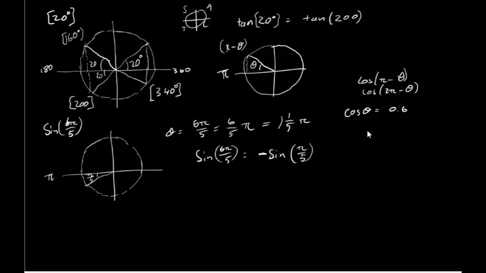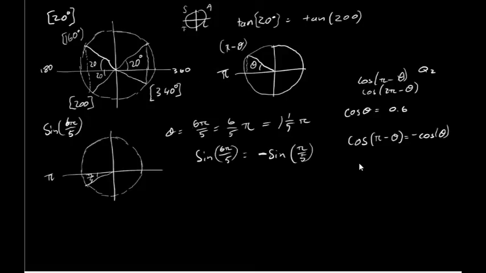So pi take an angle is in Q2. So I can say cos of pi take theta is going to be the same as cos of theta, but it's going to be negative because I'm in the second quadrant where sine is positive.